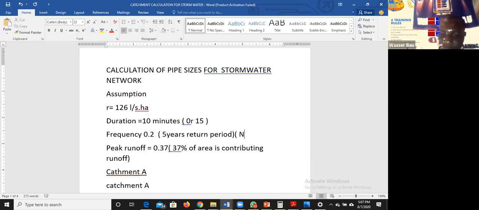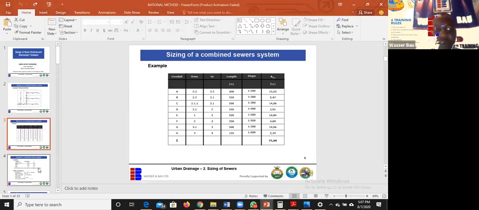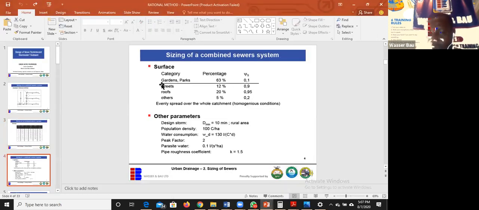Frequency n is equal to 1 divided by a. Now, 37% runoff coefficient, that's what we use. How did we arrive at 37%? We looked at what area is full of grasses, what area is streets, what area is roof, what area is other things unaccounted for.